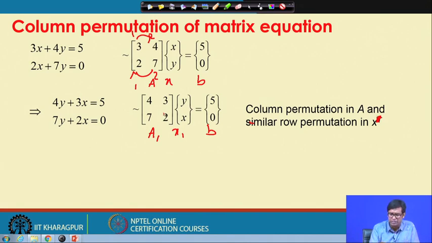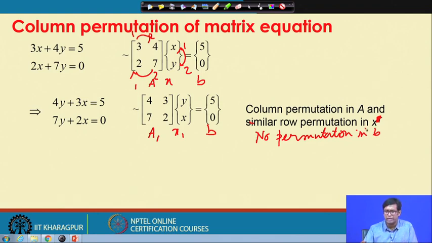The column permutation in A is from column 1 and column 2 being permuted, and in x we will see the rows are permuted, 1 will go to 2 and 2 will come to 1. The column permutation in A is similar to a row permutation in x, but there is no permutation in B.